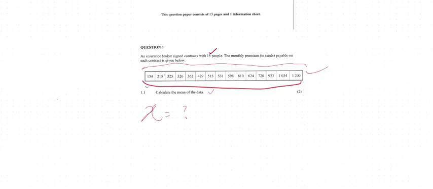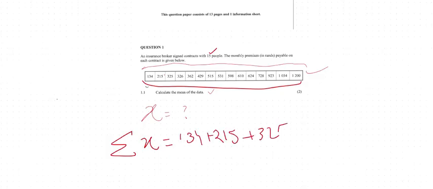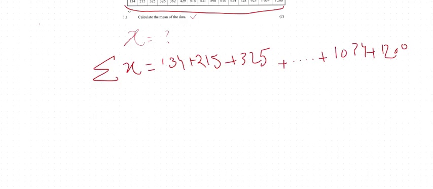I'm going to add up all these x values: 134 plus 215 plus 325 plus, and so on, plus 1034 plus 1200. After doing the addition, we get 8554.